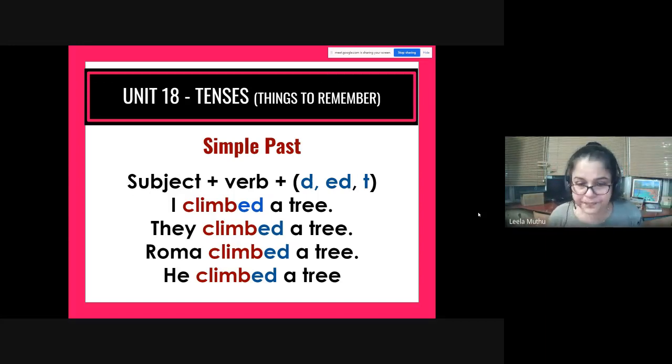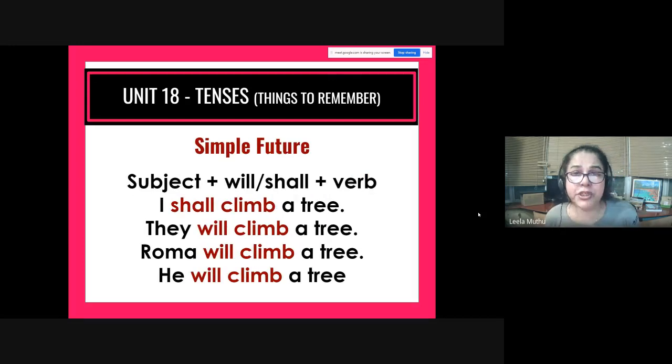Then you have the simple future. The simple future is subject, will or shall before the verb. I'm so sorry, children. So will or shall in the simple future. So subject plus will slash shall plus the verb. So I shall climb a tree.